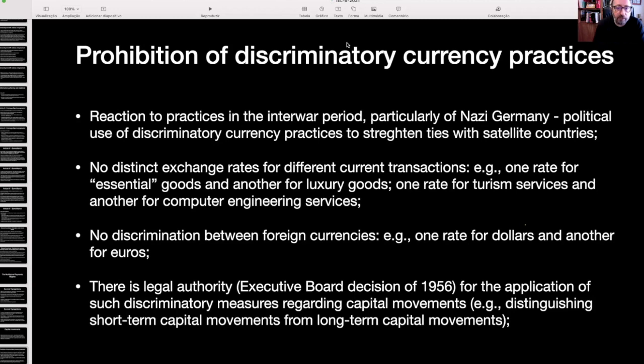And so you might have very significant policy reasons to control these short-term capital movements. And in this particular case, again, you might use discriminatory exchange rates, but again, only with regard to capital movements. So capital movements are not really subject to the central discipline of the IMF Articles of Agreement.